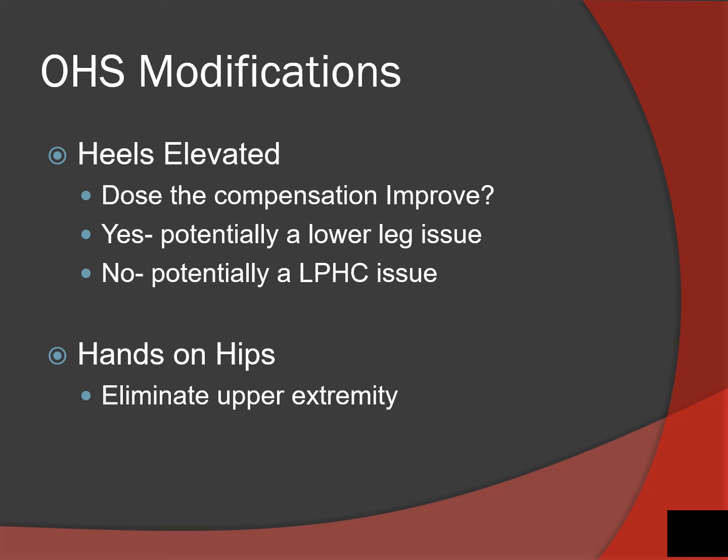If the compensation does not improve, then it's probably a lumbopelvic hip complex. So you put the board there, they still fall into valgus even with the feet elevated. You've kind of eliminated the lower extremity, and now you've got to be like, okay, this isn't coming from the lower extremity, this is coming from the lumbopelvic hip complex.